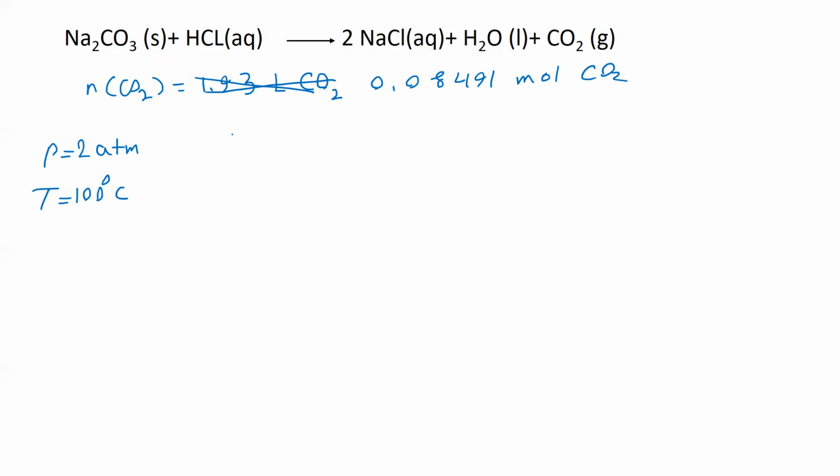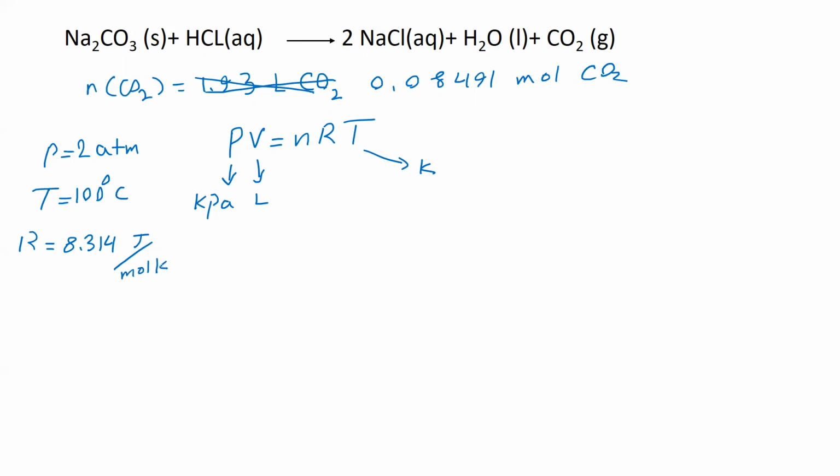So we need to use the formula PV equals nRT. But we remember that in this formula P should be in kilopascal, V in liter, n is the number of moles, T should be in Kelvin, and R is equal to 8.314 joule per mole Kelvin. So first I need to convert atmosphere to kilopascal. I know 1 atmosphere is equal to 101.3 kilopascal.